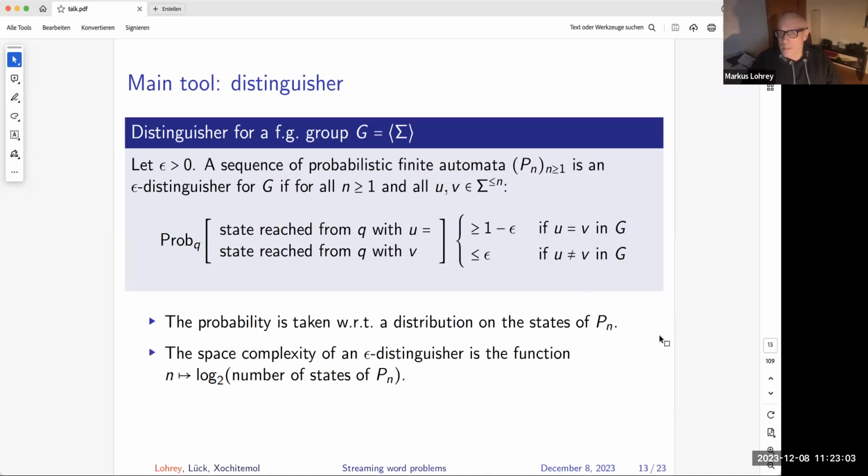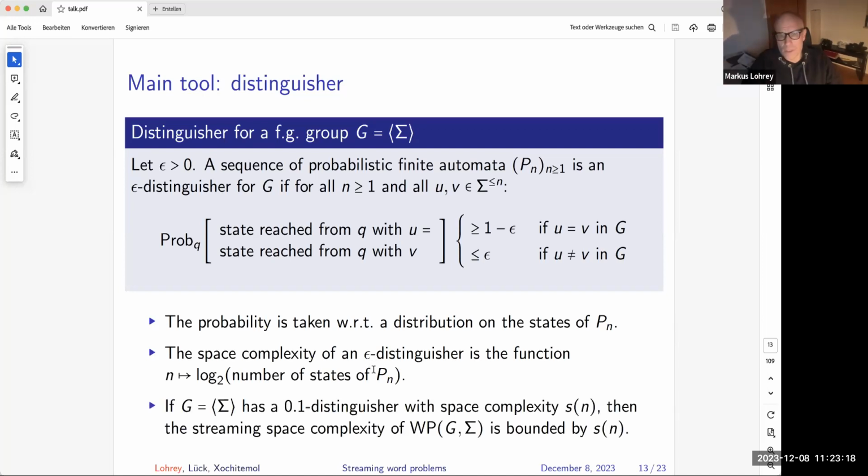The space complexity of an epsilon distinguisher is always the same. You take the function mapping the input length n to the binary logarithm of the number of states of Pn. The same as we always had before.